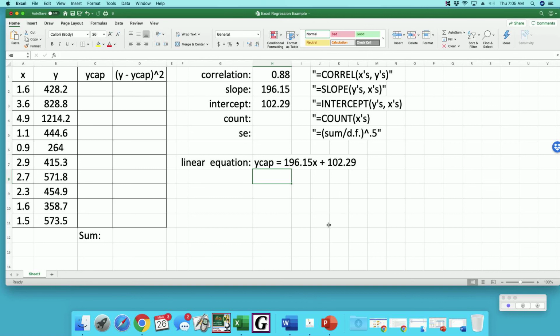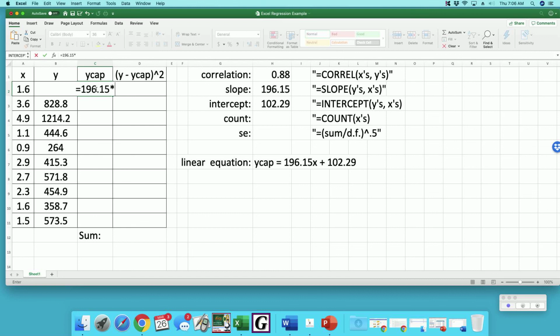So we need to know for this x what would be the y value on the line, which is the y-cap. So what we're going to do is write an equation right here in C2 that will calculate y-cap. All right, so follow along. I'll go real slow. In C2, go equal, then 196.15 times, which is shift 8.